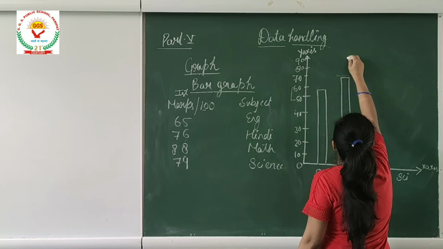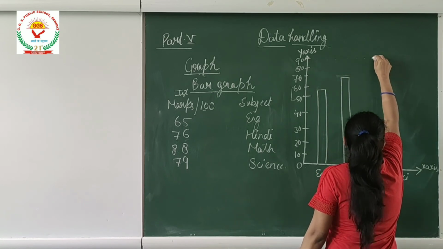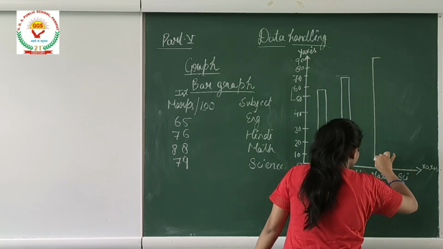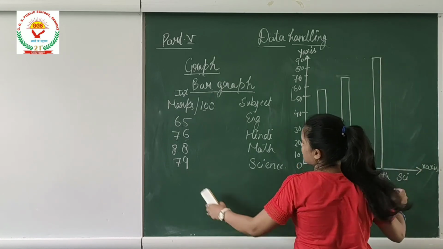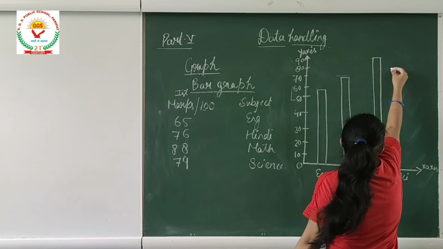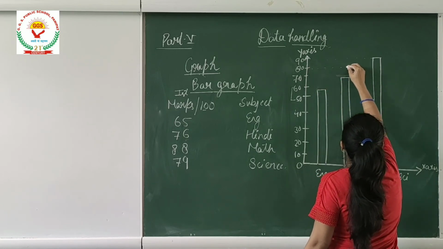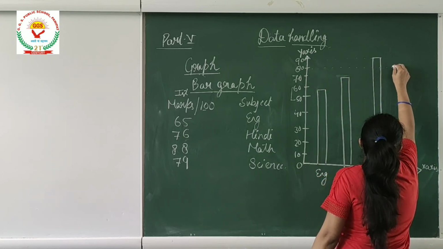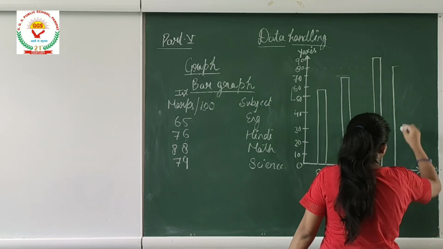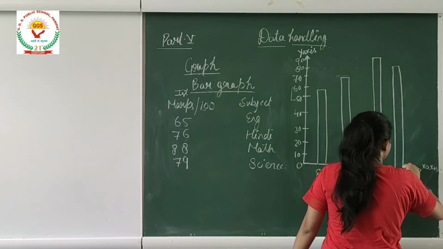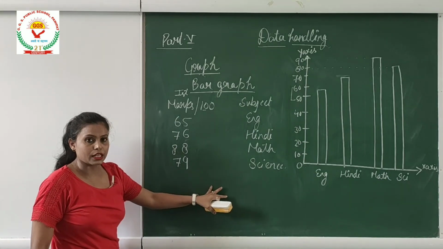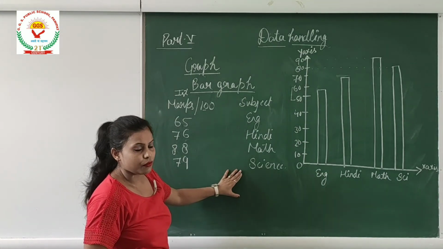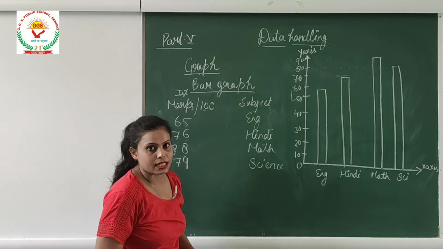So I can draw it like this. And science consists of 79 marks, that is like this. So this is your bar graph. Exercise 3.3 is based on this bar graph. Let's do the exercise in the next video.